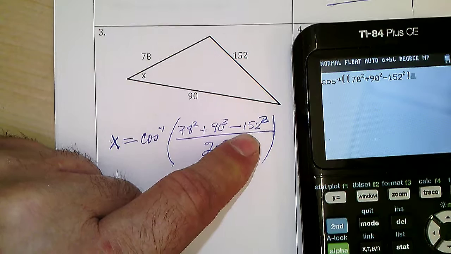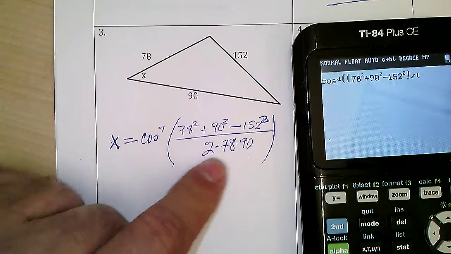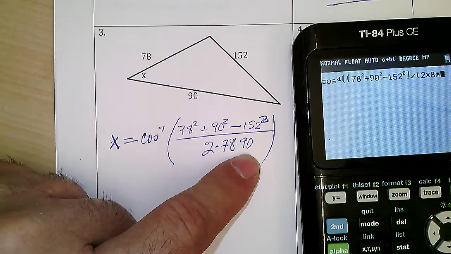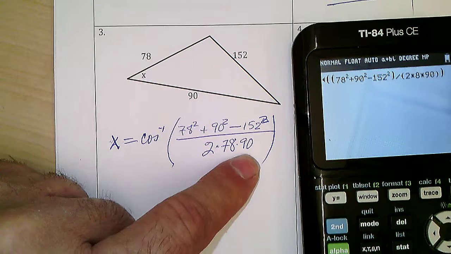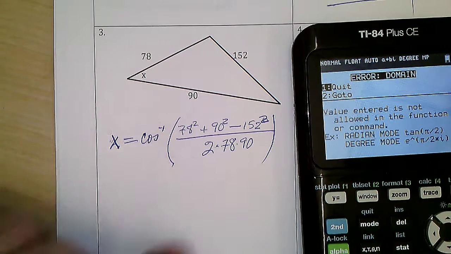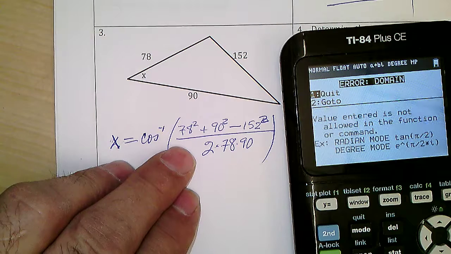Close the numerator, divided by, and you got to group these together, parenthesis, 2 times 78 times 90, close parenthesis, and then close all the parentheses for the cosine inverse. And I got a domain error because I didn't do something right. Let's see if I can figure out what that is.